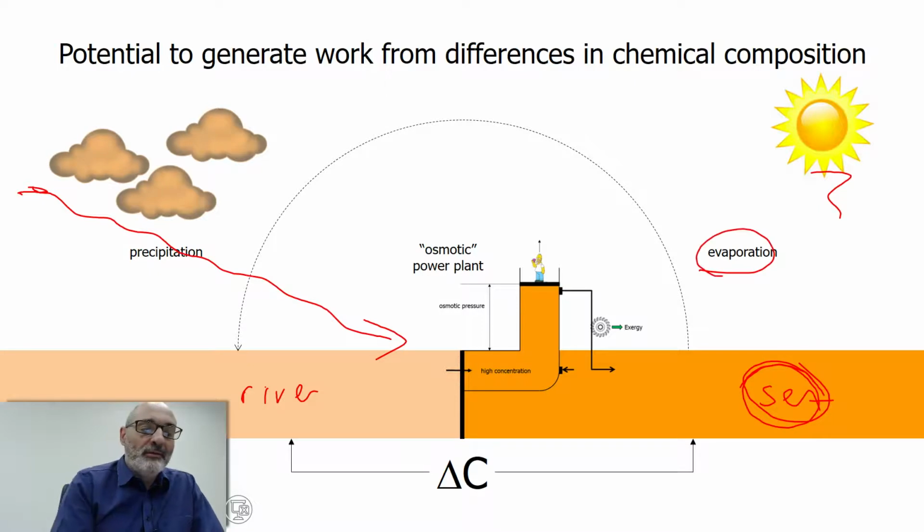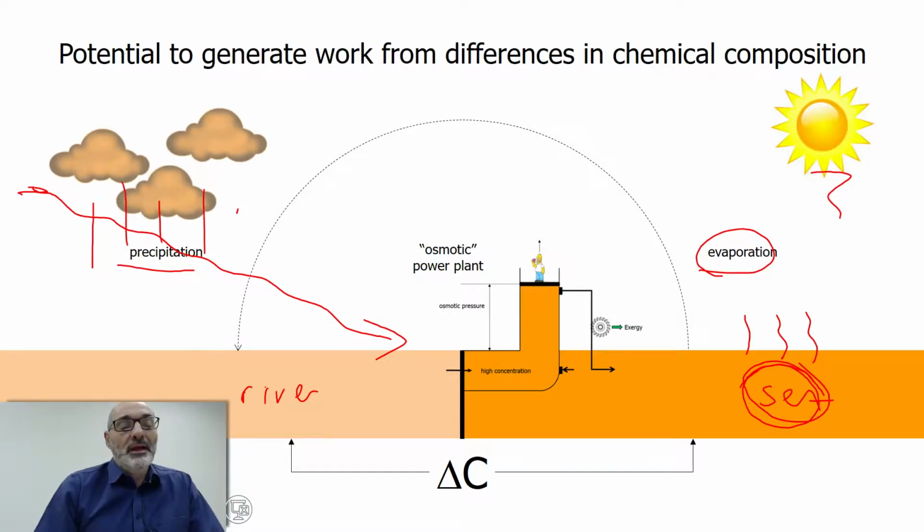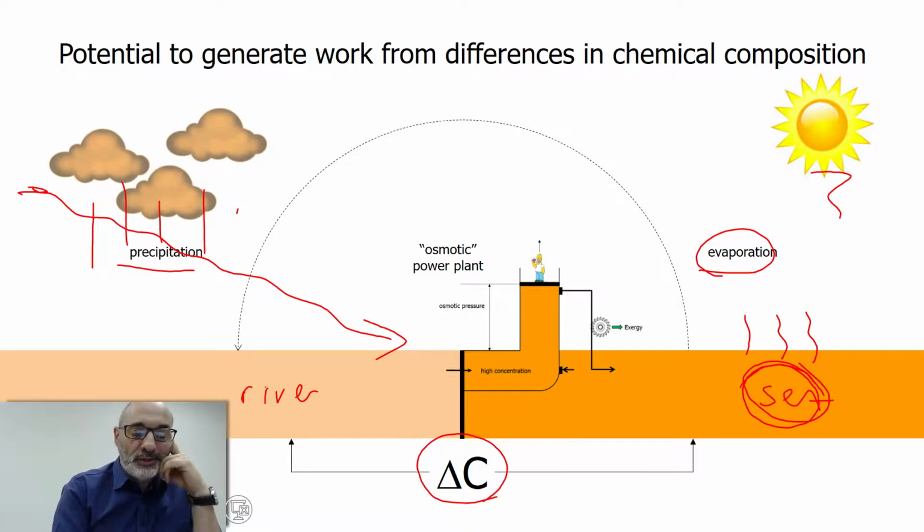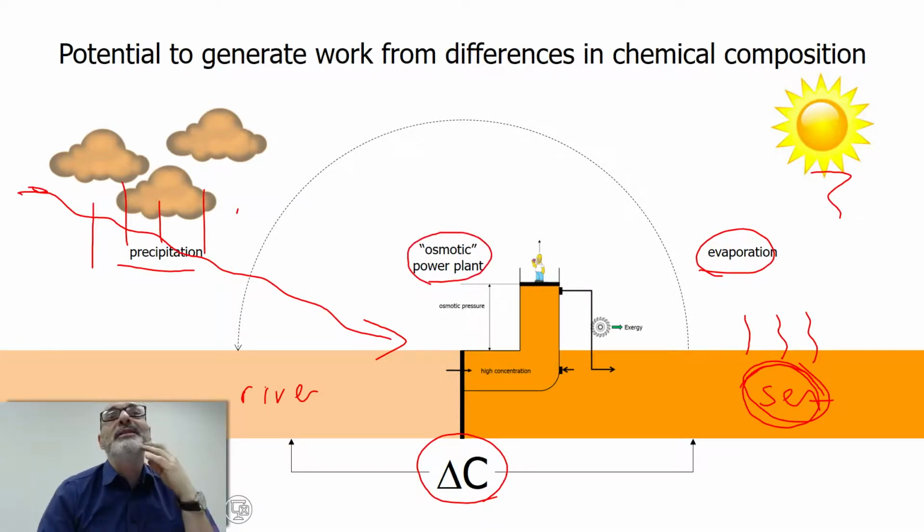Water is evaporated from the sea, and it precipitates on land. So this difference in concentration is actually solar energy. So if we build this kind of osmotic power plant, it's still solar energy. Why?